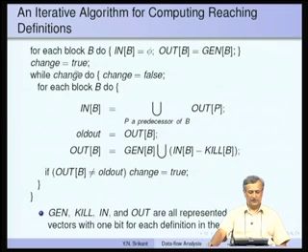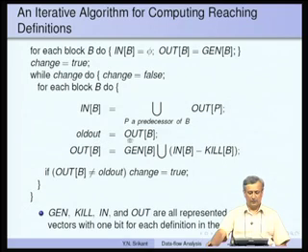There is a Boolean variable change. While change do: to begin with, we set change as false, assuming that we do not need to iterate once more. Compute in B as given in the equations, so union of the outsets of the predecessors.